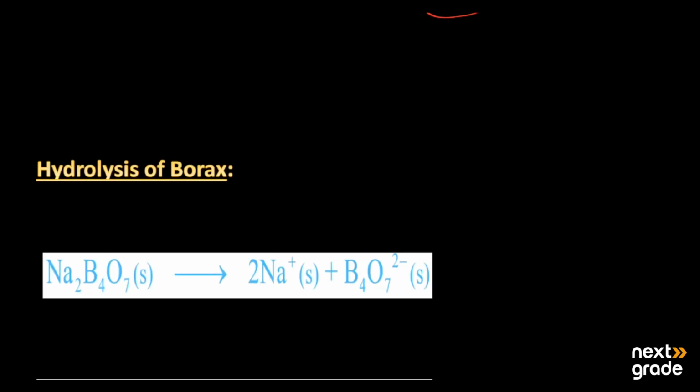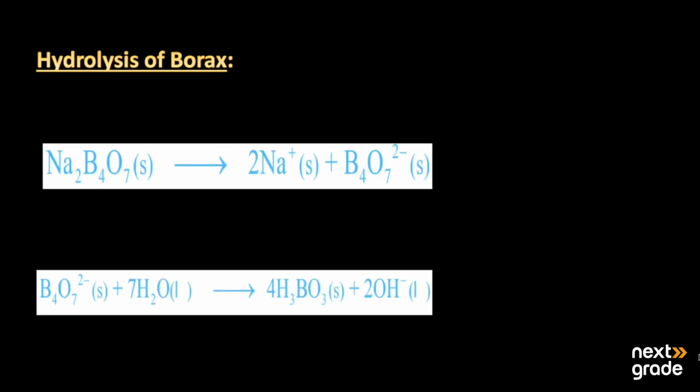Next we have the hydrolysis of borax. When we do the hydrolysis of borax, or add water to borax, we gain sodium ions and B4O7, that is the borate anion.